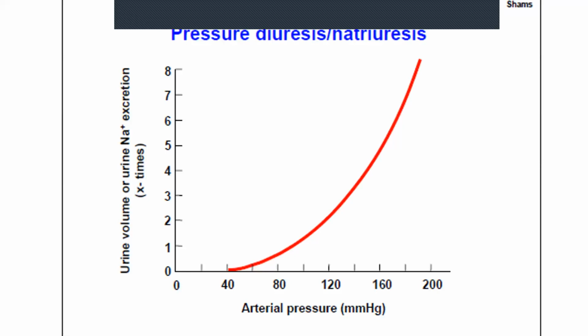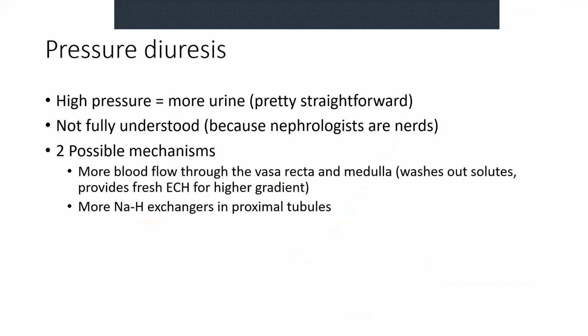Now how this happens, nephrologists are kind of nerding out, but they're not really getting a clear answer. But the general idea is that you're going to have more blood flow through the vasa recta, which washes out the medulla, and it provides fresh extracellular fluid around the loop of Henle.